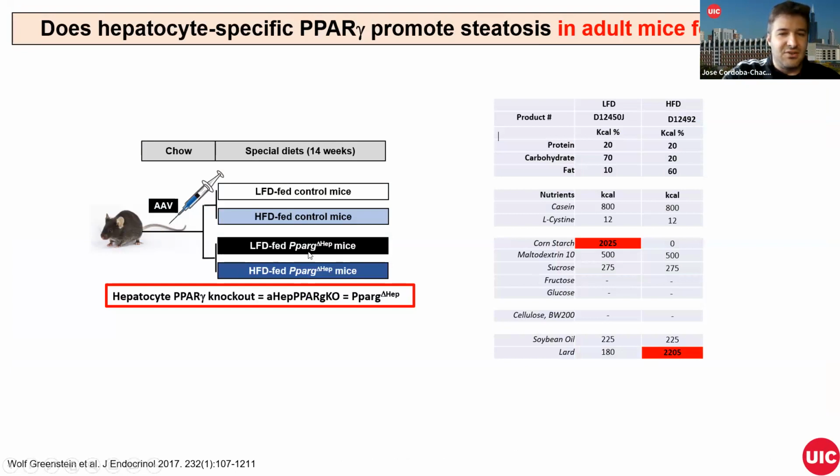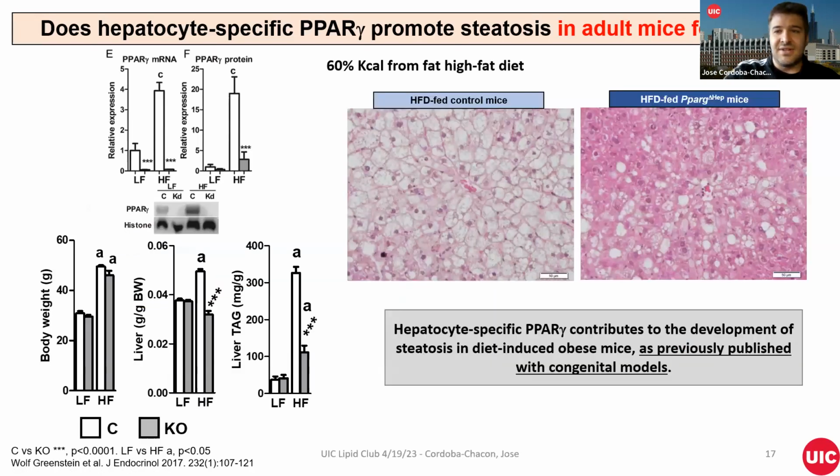We generated the control mice or the knockouts, and they were fed for 14 weeks with the high-fat diets and the low-fat diets. As you can see here, this is the liver of a high-fat fed mouse. It's full of fat in the hepatocytes. The knockout of PPAR gamma prevented that, as previously shown in the ACIP and the OB/OB mice.